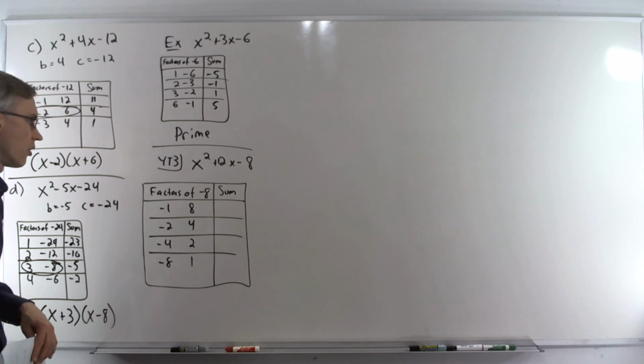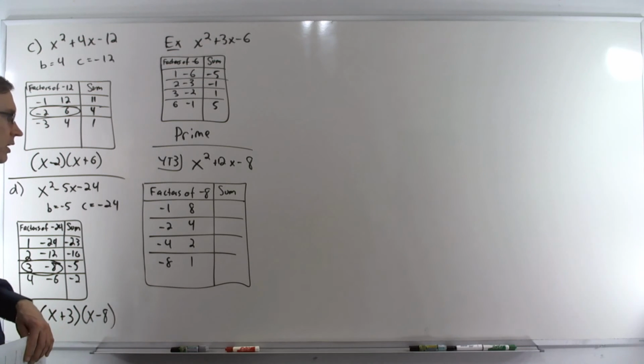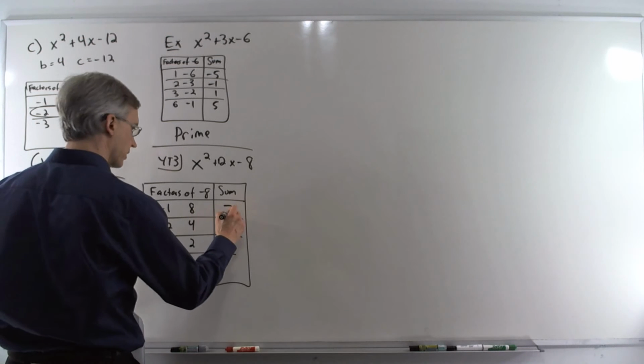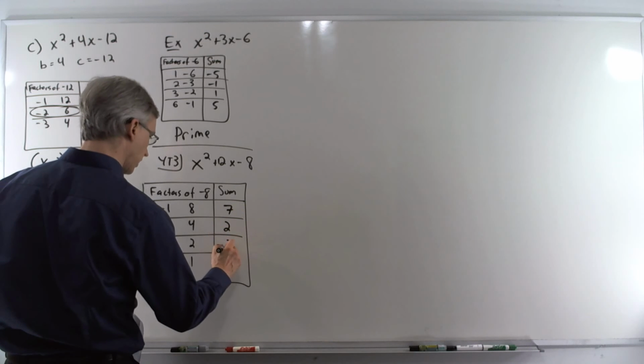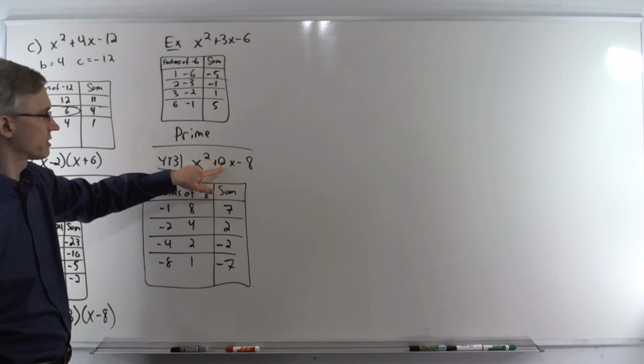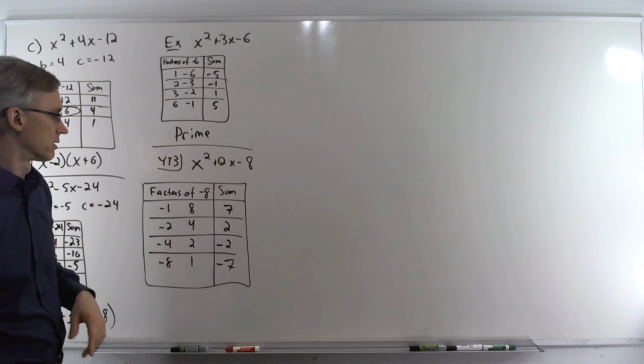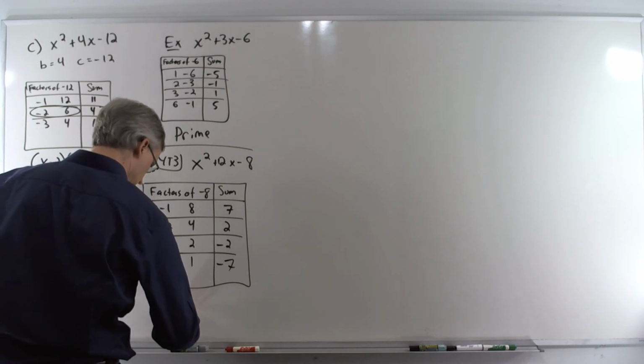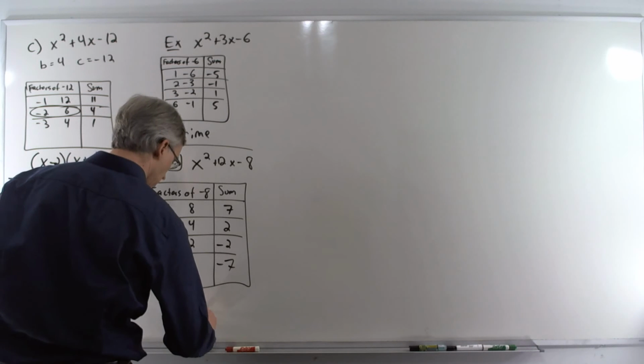So there's all of our factors of negative 8. Add them together to get their sums. We get 7, 2, negative 2, negative 7. None of these numbers match b, so that's a prime polynomial. Not factorable.